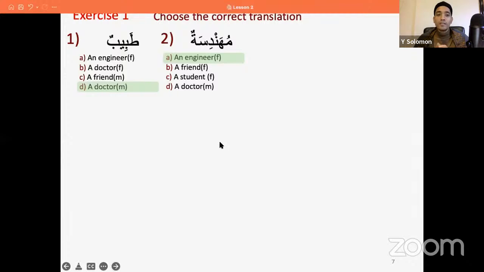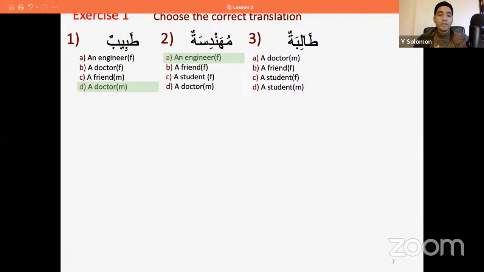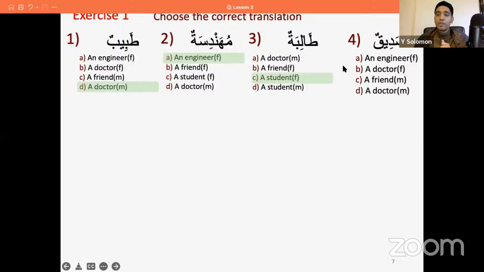It's a female engineer. How about the word talibatun? Is it a male doctor? Is it a female friend? Is it a female student, or is it a male student? Unanimous over there. Excellent. Okay, how about the word sadiqun?